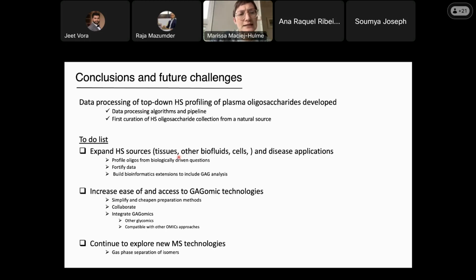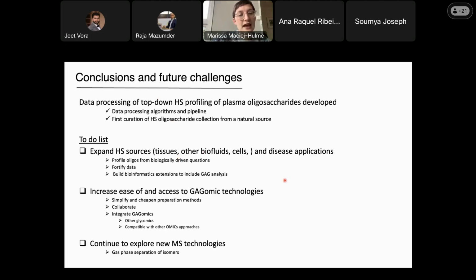There have been instances where oligosaccharides have been generated in the literature from other GAG methods, from various other approaches, but this one here really compares the different groups to allow us to start detailing the disease. So there's a long to-do list, and it would be first on the list to expand these HS sources and fortify the data.